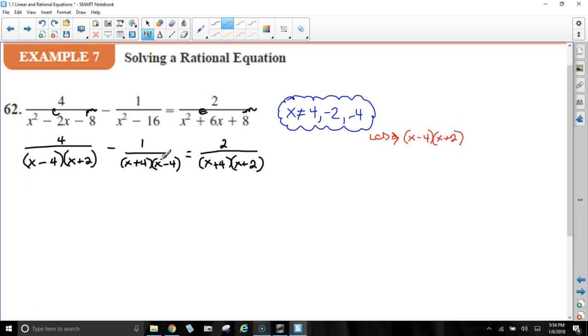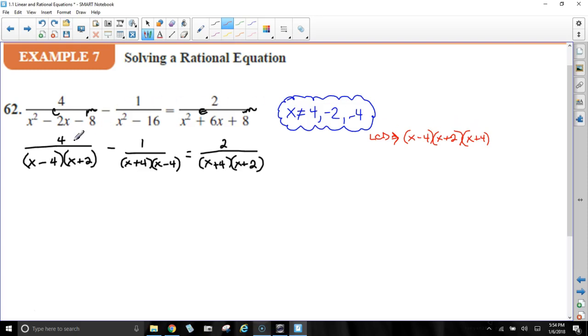We need a quantity of x plus 4, which is totally different from x minus 4. We need an x minus 4, we already have an x minus 4. That's going to reduce for us here. We need an x plus 4. Got it. We need an x plus 2. Got it. So these three things multiplied together are going to be our least common denominator.